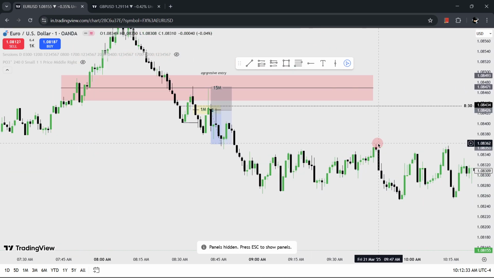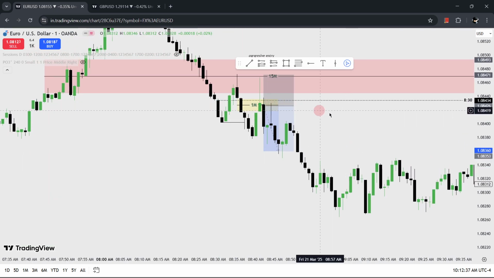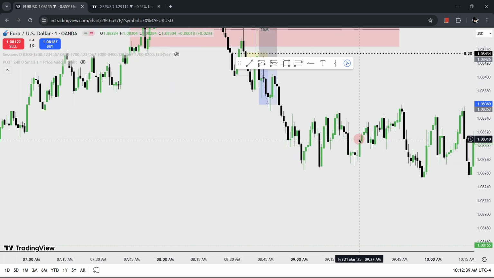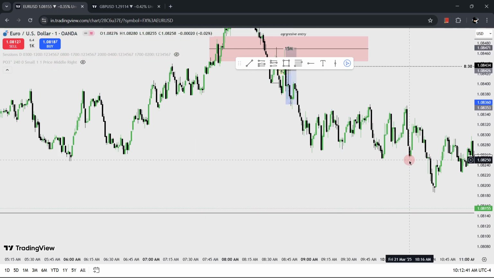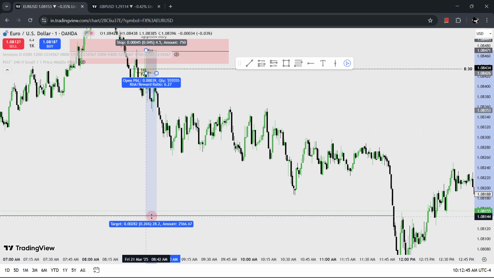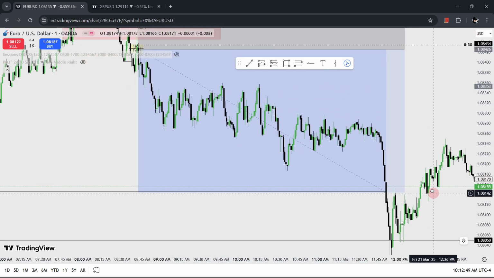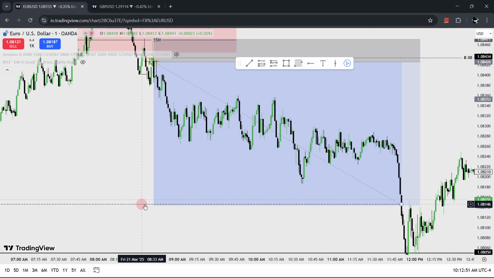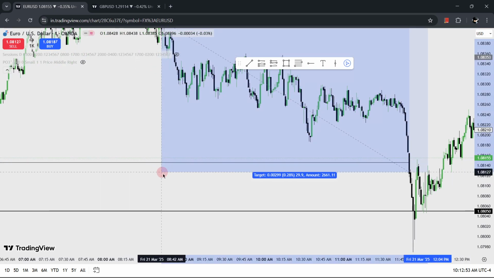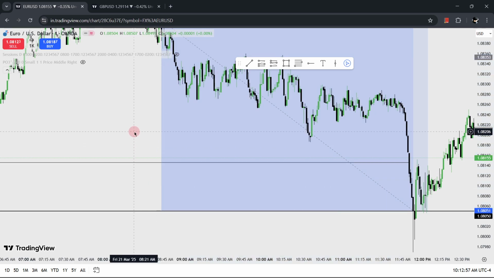We took an entry from here. Okay, and what are we expecting to do? This is going to be your first target, and this is going to be your final target. Okay, that's for our low.